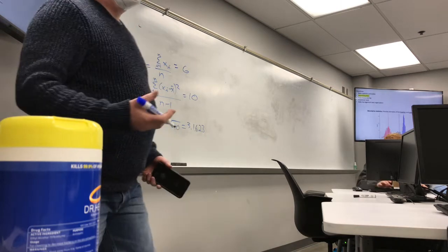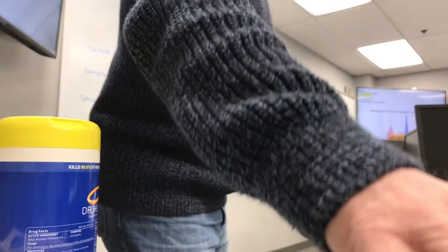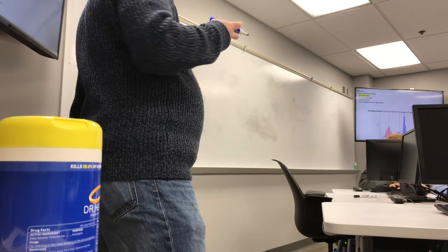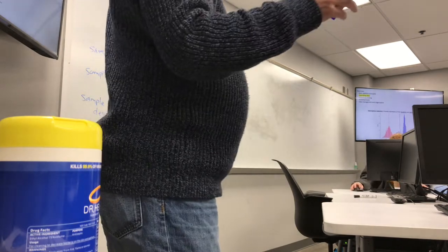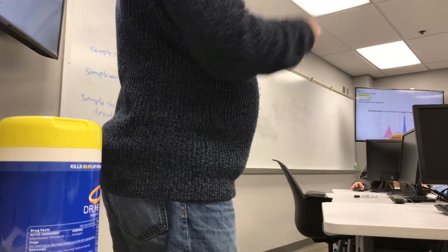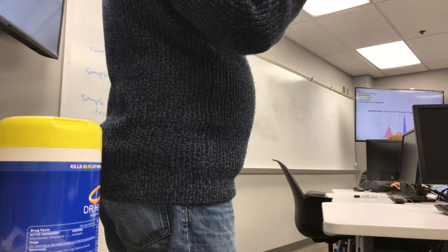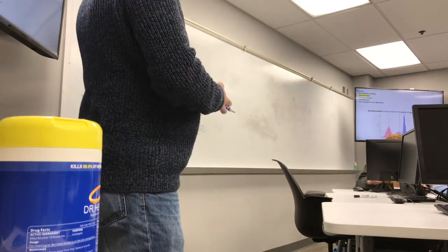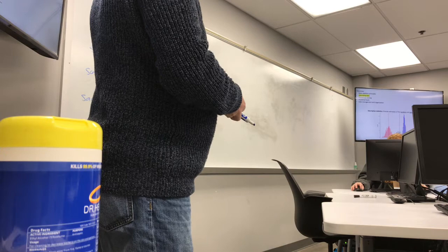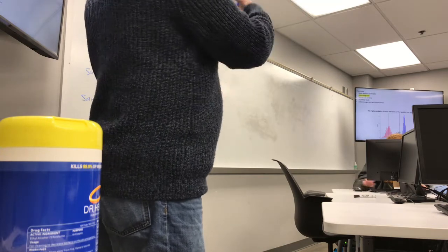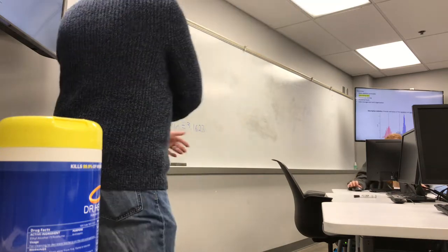Why am I putting sample in front of each of these? Yeah, it's not the population. It is not the population. We're using a sample to tell us something about the population, but ultimately this is a skewed view of the population because we don't have the entire population in these calculations.